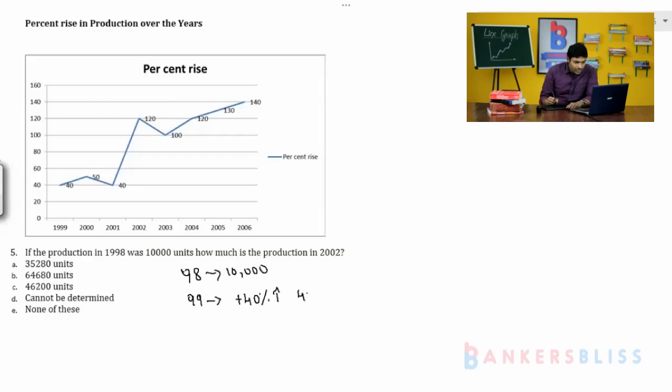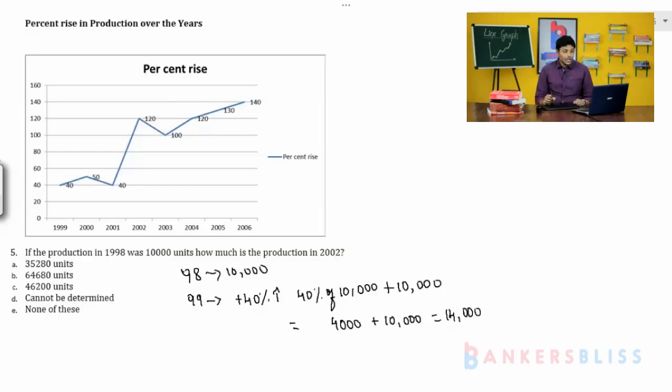So 40% of 10,000 plus 10,000. So 40% of 10,000 is how much? That is 4,000 plus 10,000. So altogether you are going to get 14,000. So in 1999, the production was 14,000.